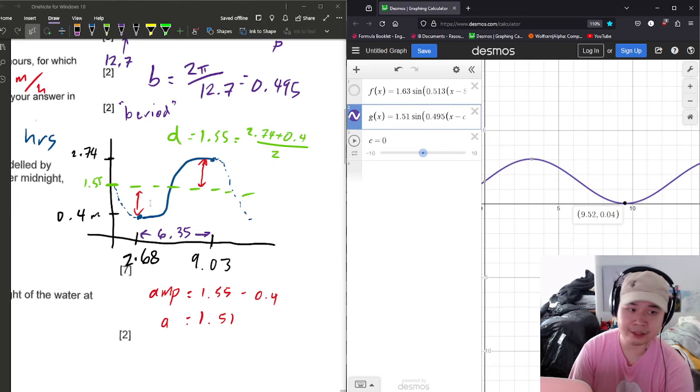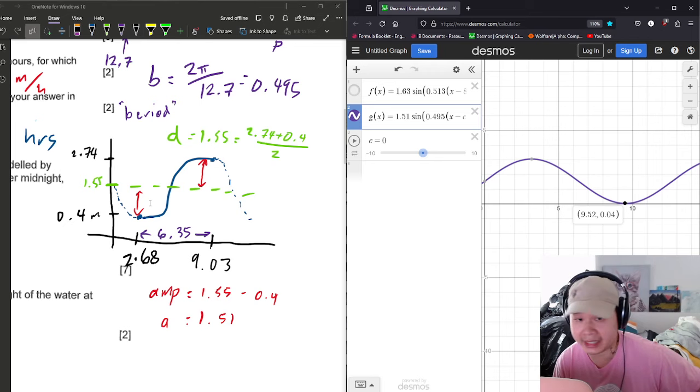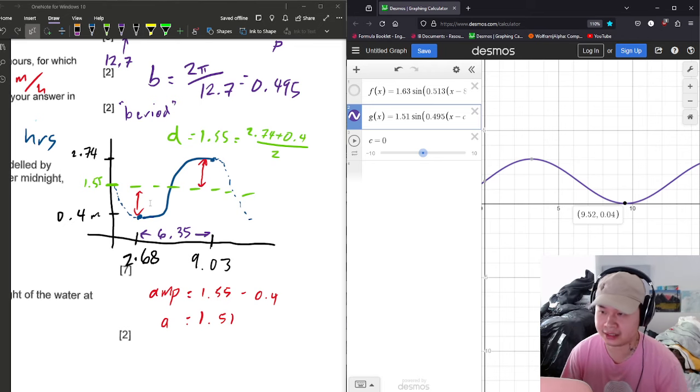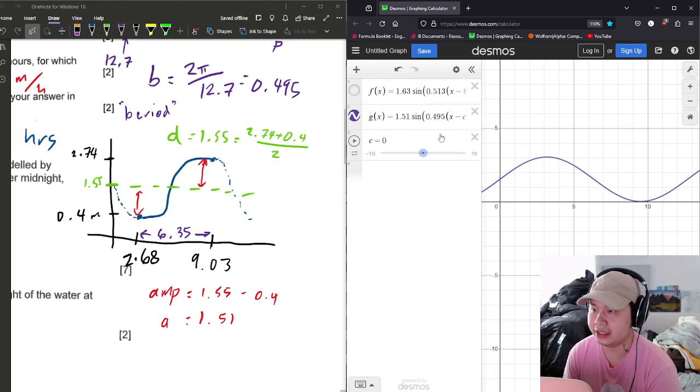Now notice the way that we have our sketch. The low tide happens first after midnight, which is the origin, and then it's the high tide. So all that means is that we need to either move our graph to the left like this, or we need to move it to the right.